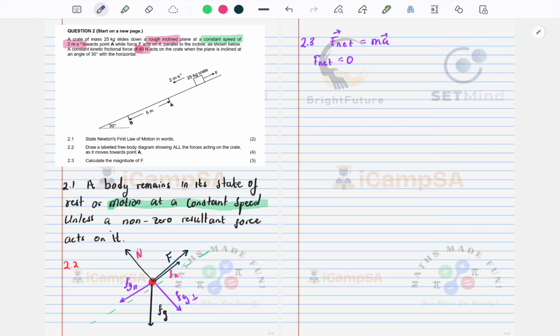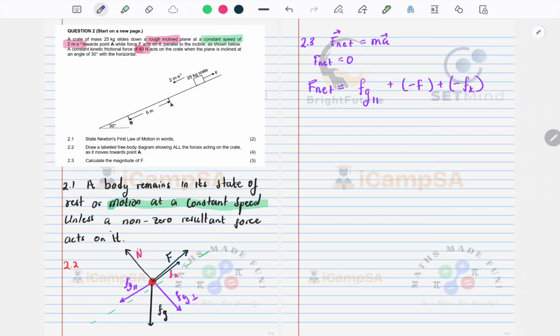So for our Fnet, we can say Fnet equals, we've got force Fg. Let's choose downwards as positive. If we're choosing down as positive, Fg is going to be positive, then plus, this is going to be minus F, which is this F, and minus Fk, because they are going in the opposite direction.